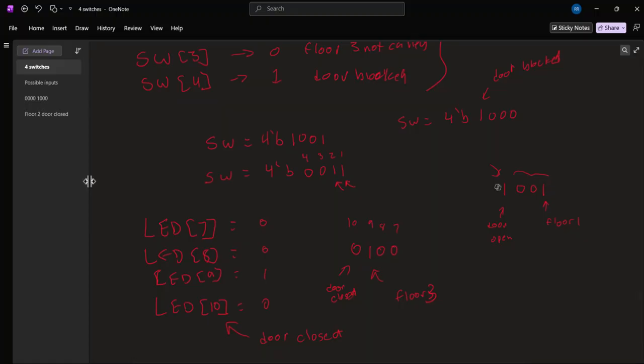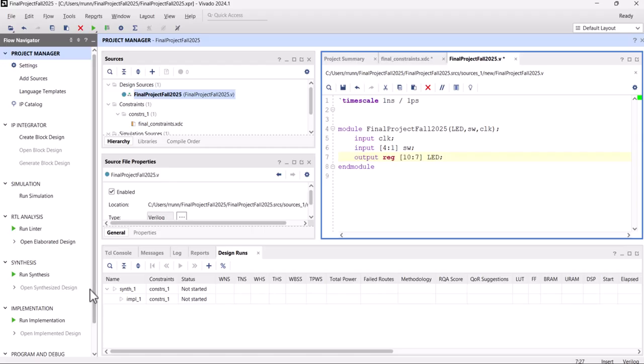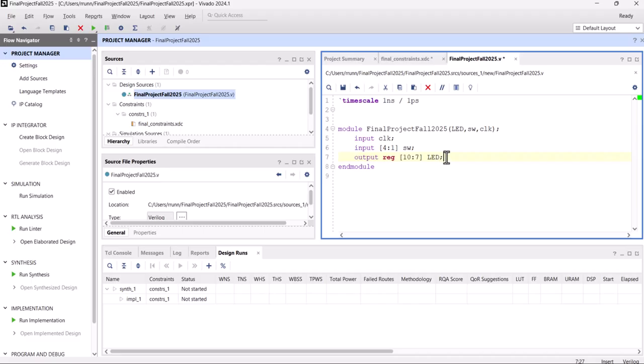Okay, then in your program, and you do not have to do it this way. This is a combination of my suggestions as well as what the group came up with when I met with them for the state diagram. But you can do it in other ways. No matter what, you're going to need reg, and how many states you have will determine how big it is.